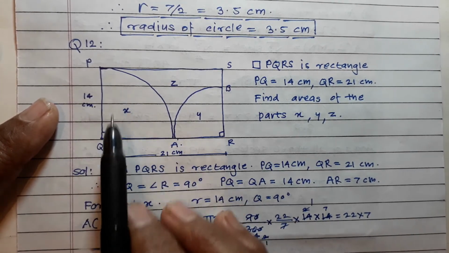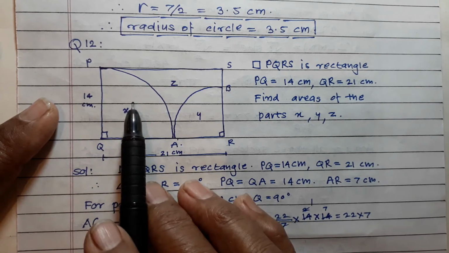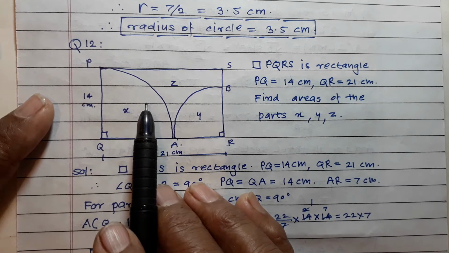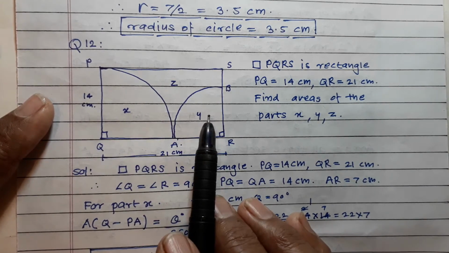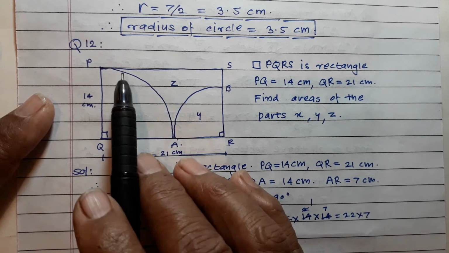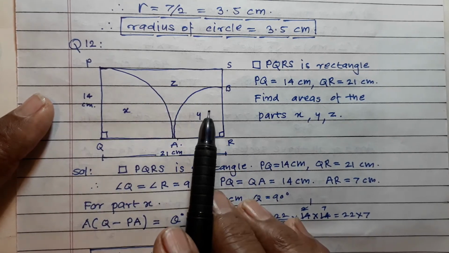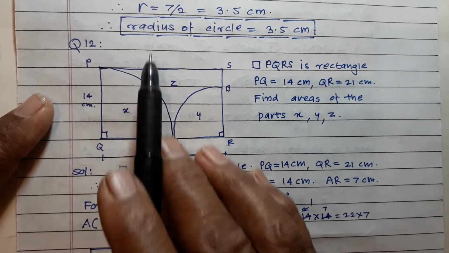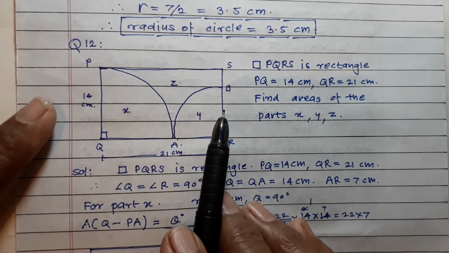This is a sector, this is also a sector. So find the area of this sector and find the area of this sector, and to find Z, subtract the areas of these two sectors from the area of the rectangle. Okay.